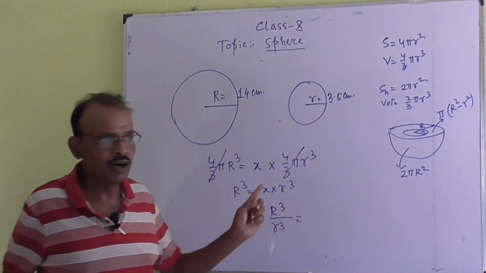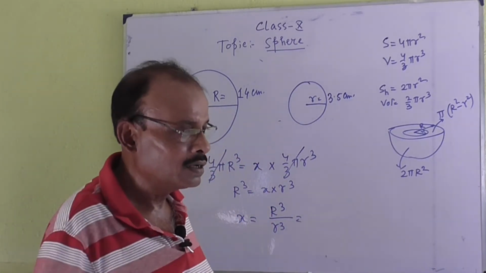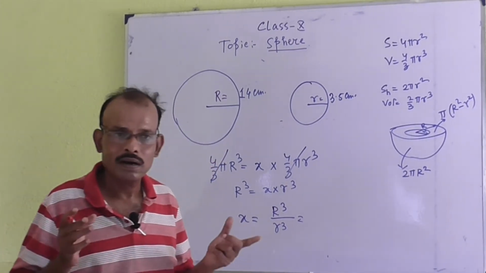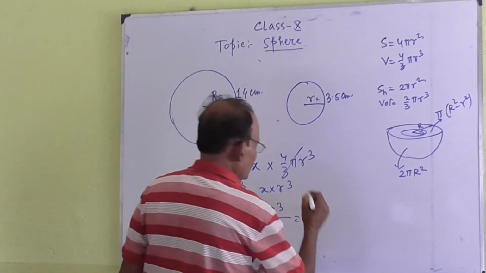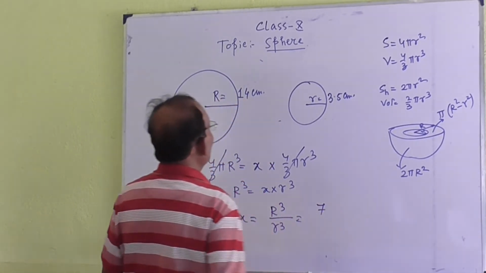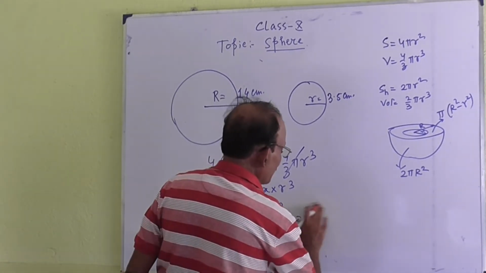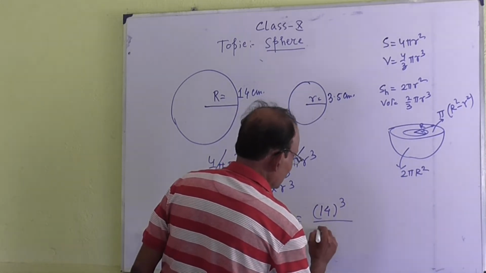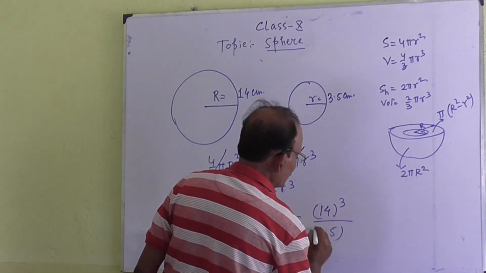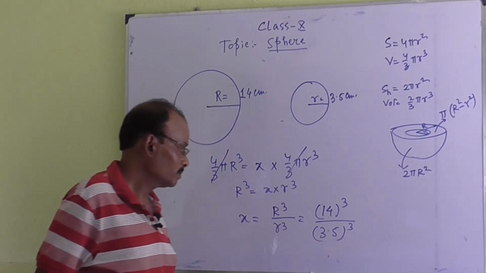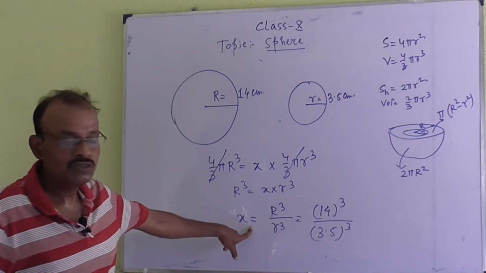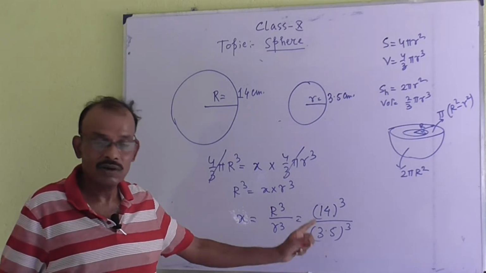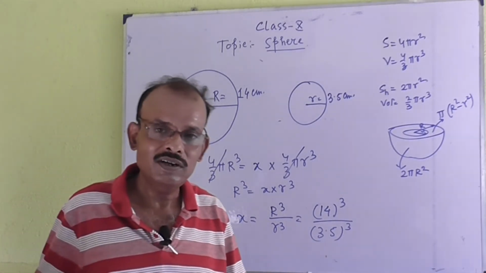Now, putting the value of capital R and small r, we have the result 14 cube by 3.5 whole cube. Clear? So, we reach the final stage. If we calculate this, we get the final result.